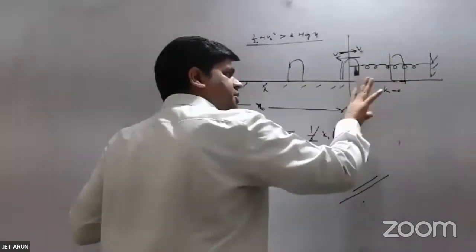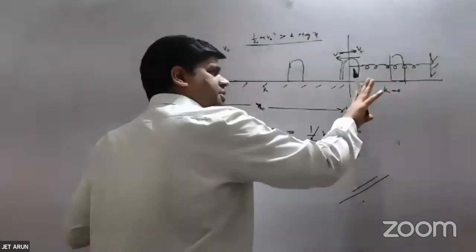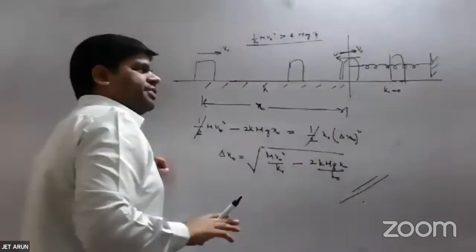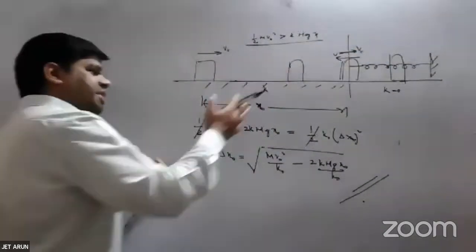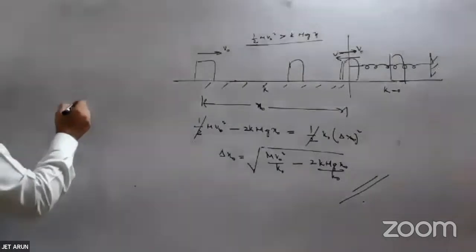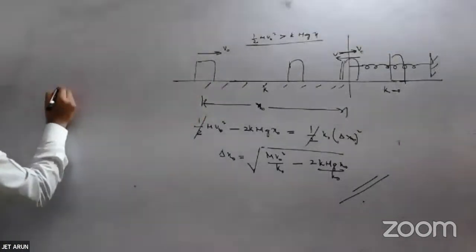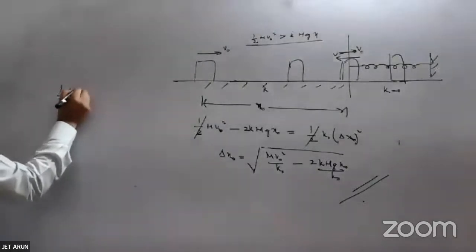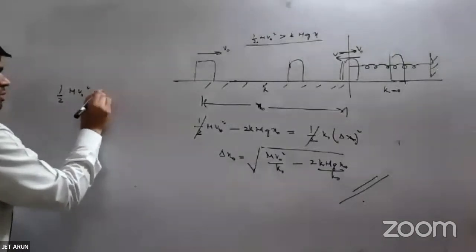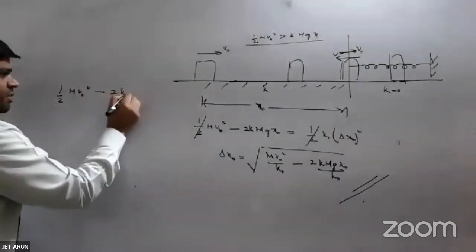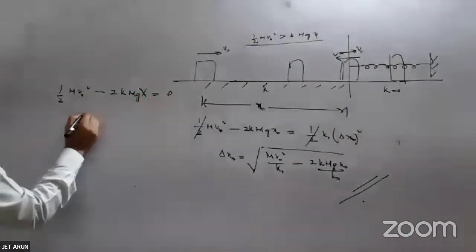There is no loss in this journey. When it compresses and then relaxes, there is no loss of energy. So whatever energy it goes with, it comes back with the same energy. So the length required for it to totally stop is: half mv square is lost in friction, minus mu mg x equal to 0.